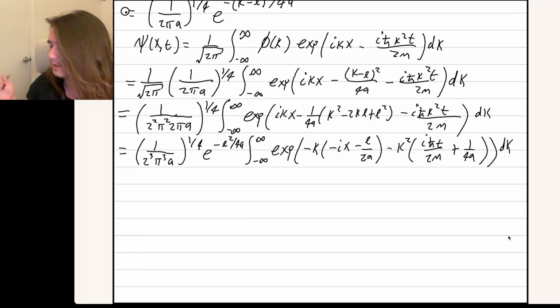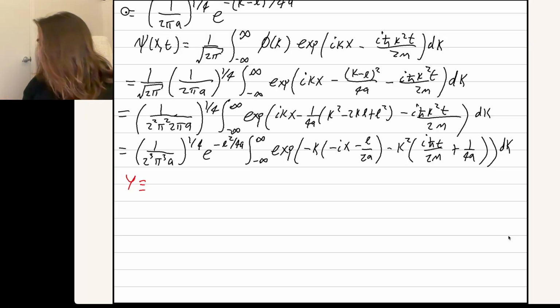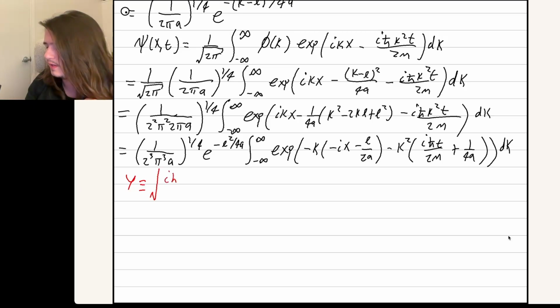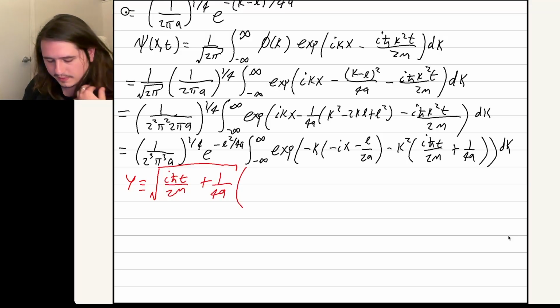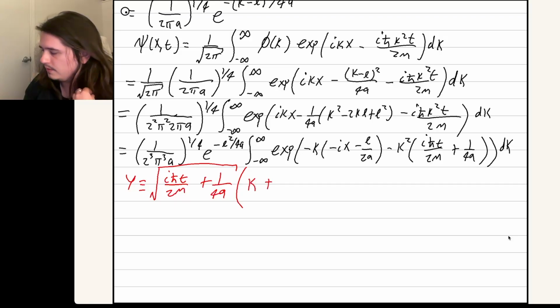So again, we're going to define a variable y that's going to look insane. So we want the square root of whatever is attached to k squared. So it's square root of i h bar t over 2m plus 1 over 4a, right? Pretty crazy stuff. And then in here we'll have k plus whatever is attached to the k bit.